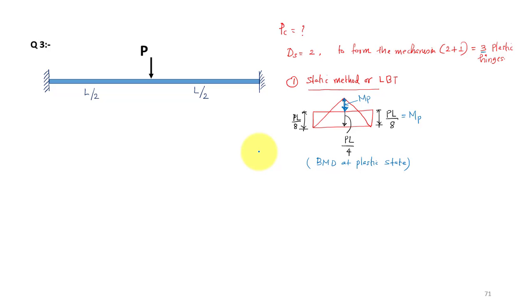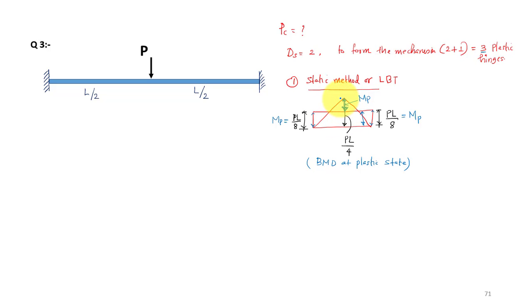In the static method we are drawing the bending moment diagram at the plastic state. At all 3 locations, the moment at the fixed support and the peak moment at the midspan will be equal to Mp. So this is Mp and this is also Mp. This total height is Mp plus Mp, 2Mp.